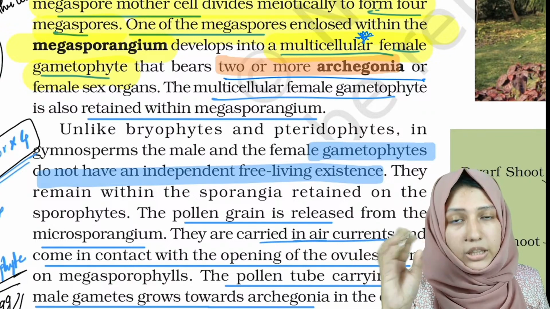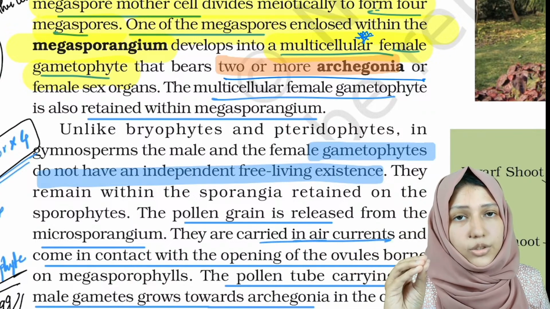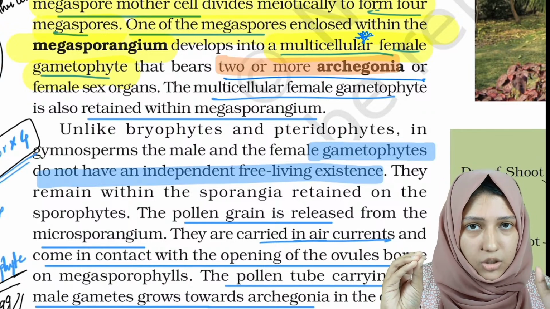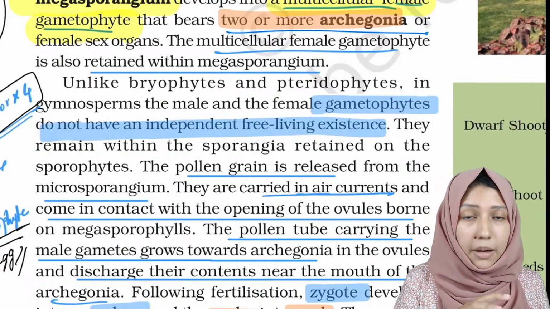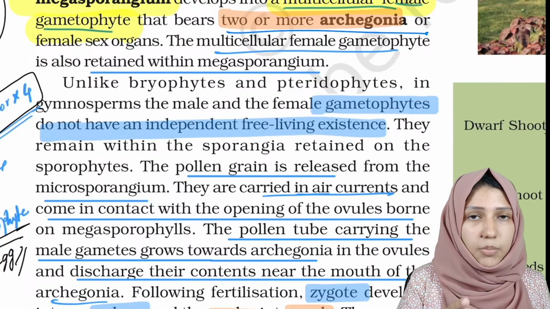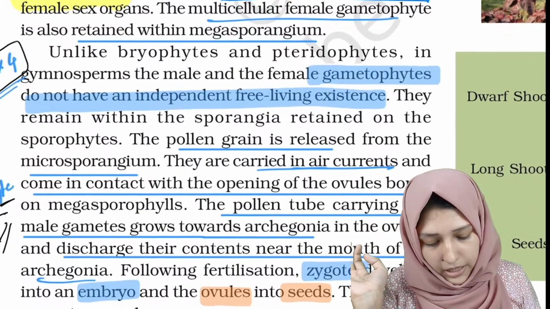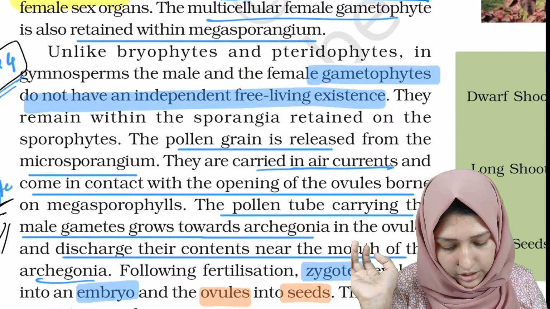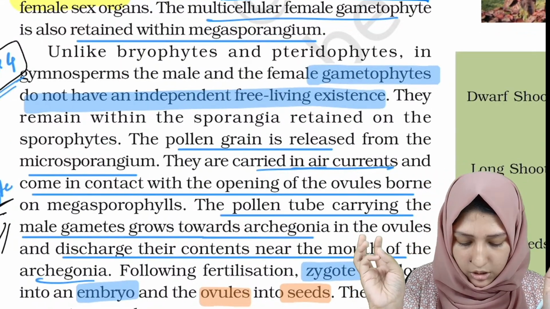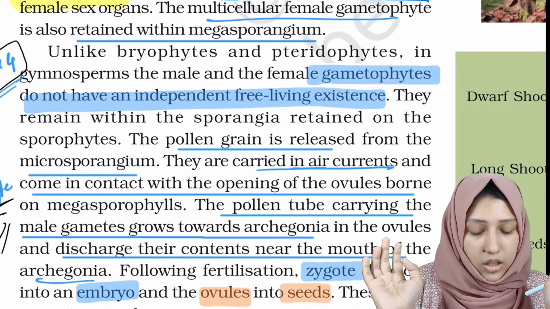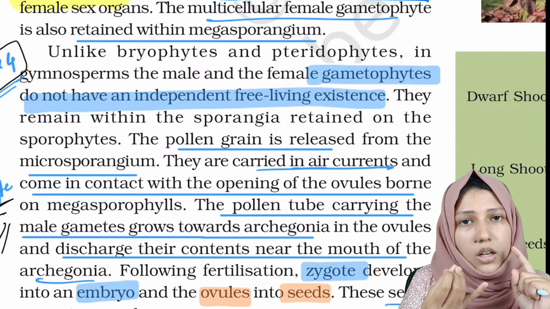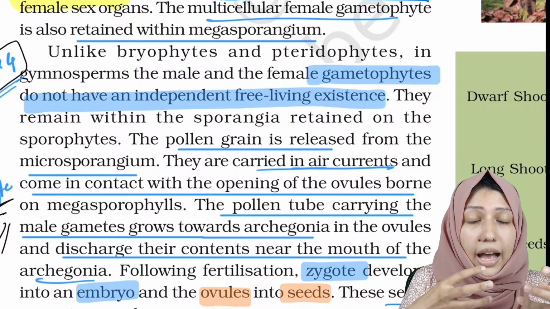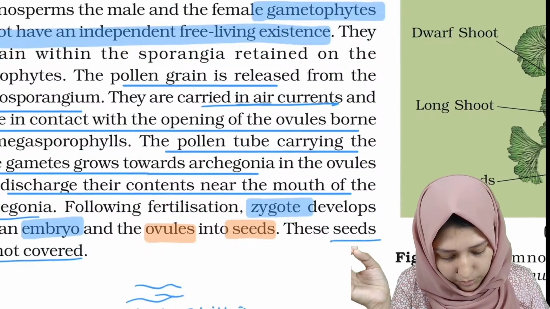As in pteridophytes, this megasporophyte is also retained inside the female sex organ because it is going through seed habit. This is a true seed. In gymnosperms, true seed is also seen. Unlike bryophytes and pteridophytes, in gymnosperms the male and female gametophytes do not have a free living existence. In pteridophytes and bryophytes, they needed water for fertilization. Don't you remember that?